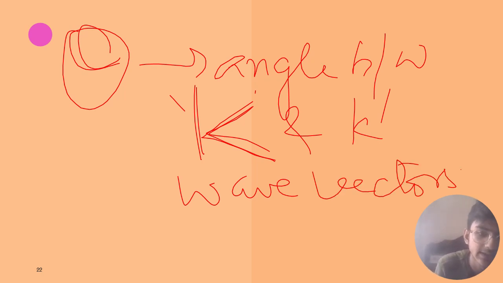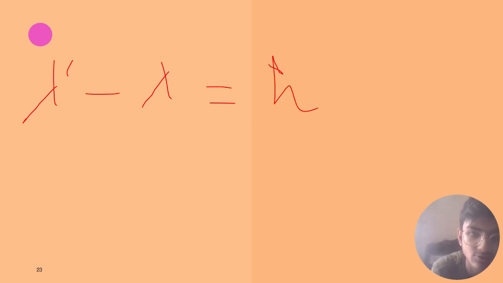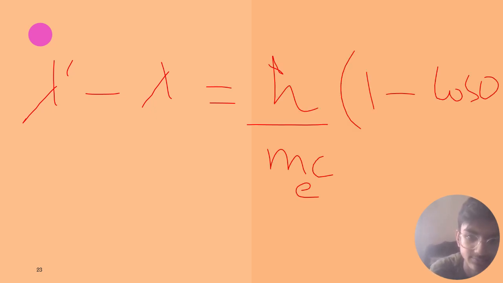So let me rewrite the final expression which we got. That was in terms of wavelength we are writing, because we have reduced it to terms of wavelength. So lambda dash minus lambda is equal to h over mec into 1 minus cos theta.